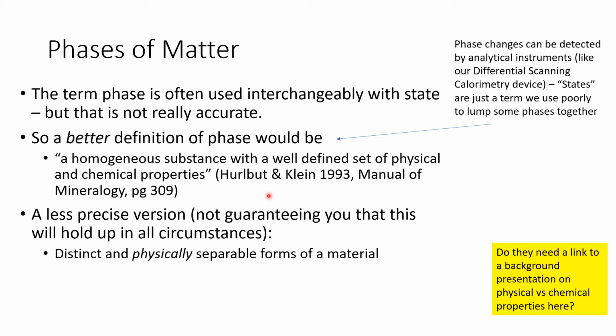What I like to say is that it is a distinct bit of matter that is physically separable from other forms of the material. So we'll talk about that in terms of some different states of matter that we could separate into different phases. We could separate, for instance, a solid and an amorphous phase of silicon. We'll talk about that in a bit.